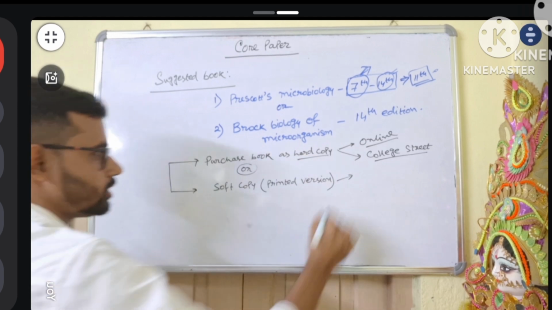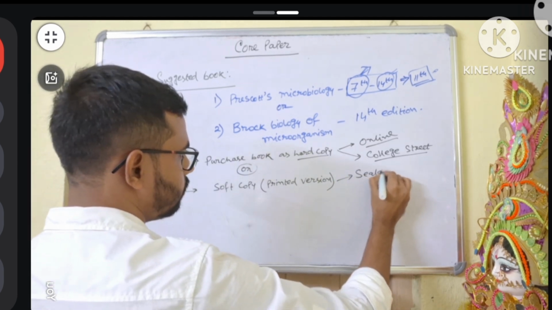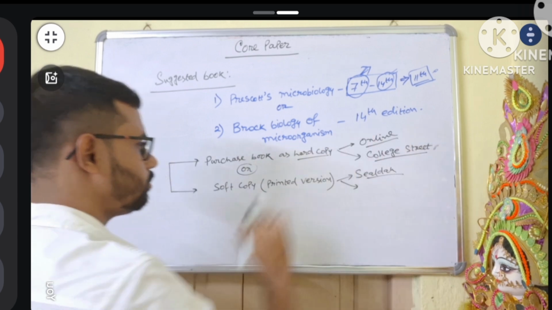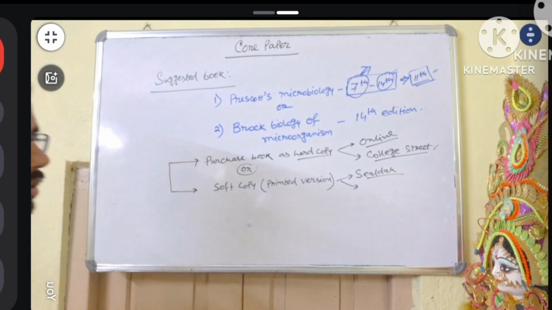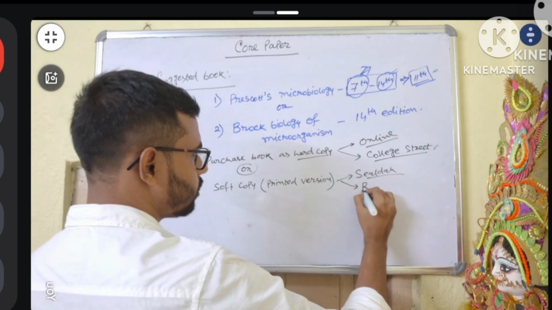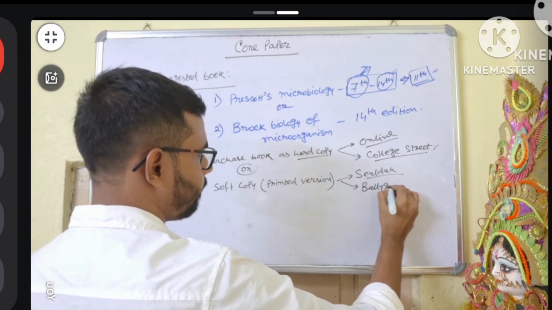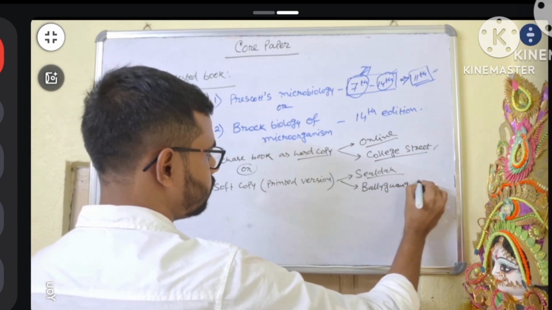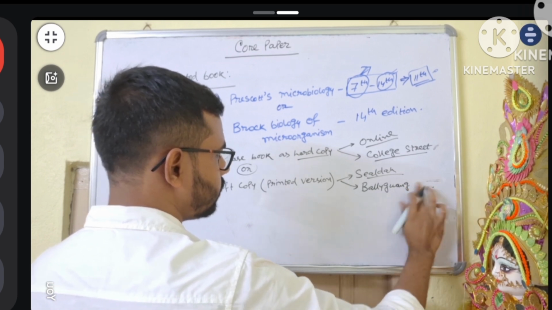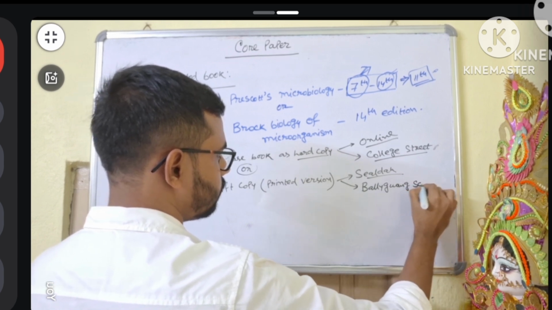Printed versions are available in Sealdah and College Street at less price, as well as at Baligunge Science College, Calcutta University.